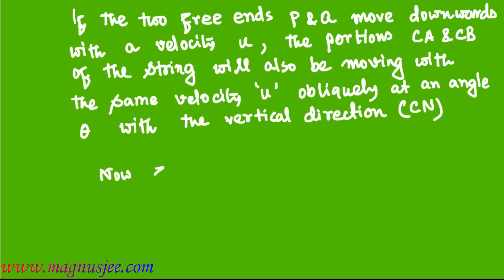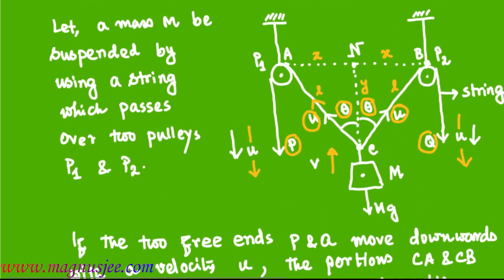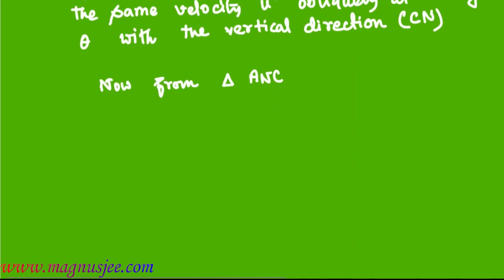Now, from the triangle ANC, x square plus y square is equal to L square. Perpendicular square plus base square is equal to hypotenuse square.